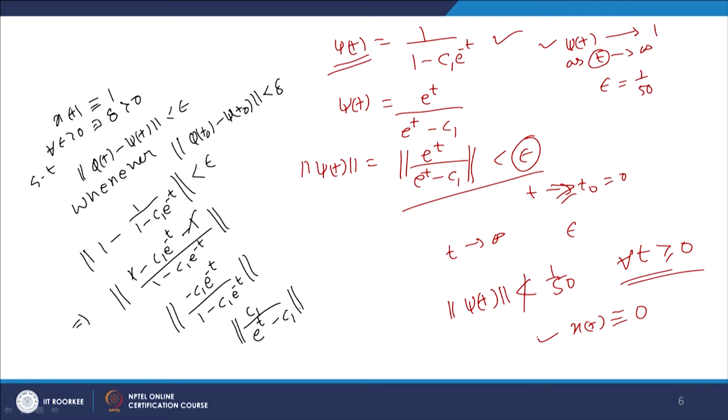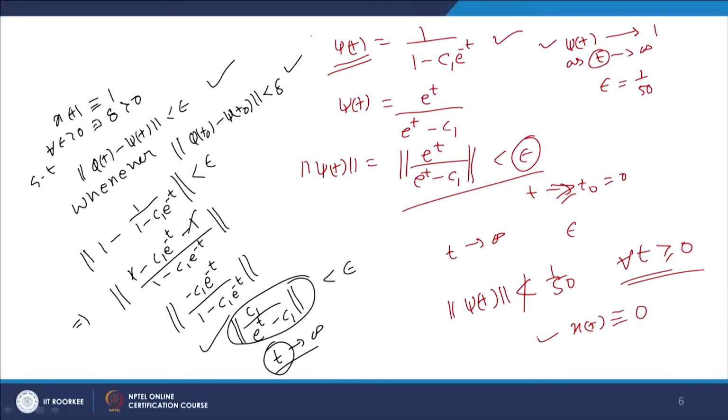Now here we can simply say that as t tending to infinity, this e to the power t minus C1 is tending to infinity. So this quantity can be made arbitrarily small by choosing a sufficiently large value of t. So for any epsilon, I can choose t such that this quantity is less than epsilon.